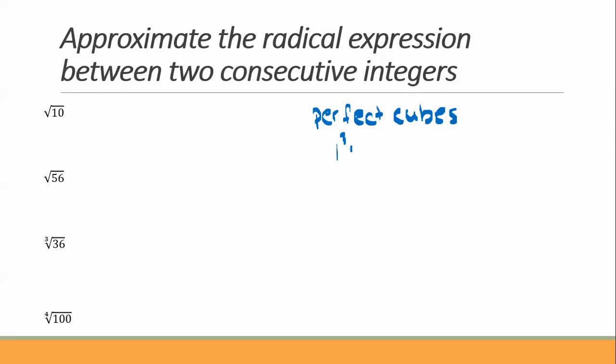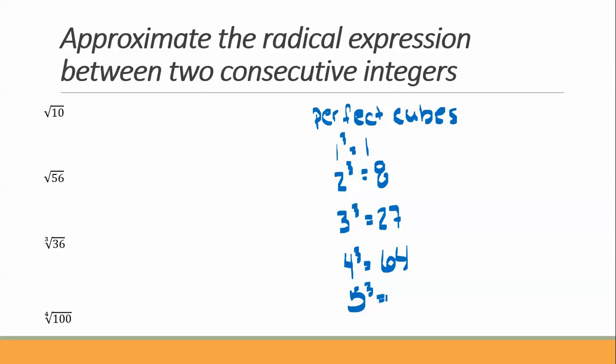We have 1 cubed is 1, 2 cubed is equal to 8, 3 cubed is equal to 27, 4 cubed is equal to 64, 5 cubed is equal to 125. So these are all the perfect cubes you should know when evaluating your stuff in the workbook or on exams.